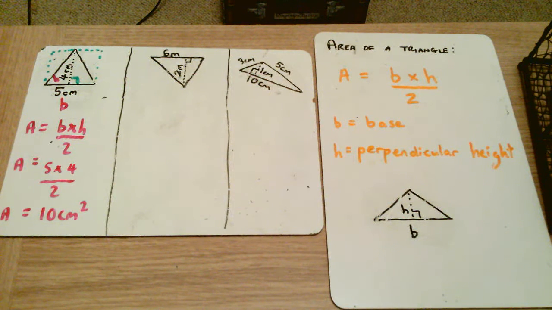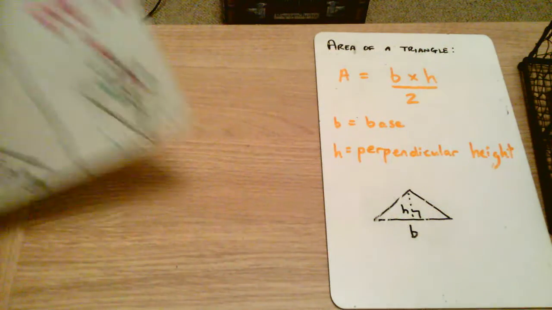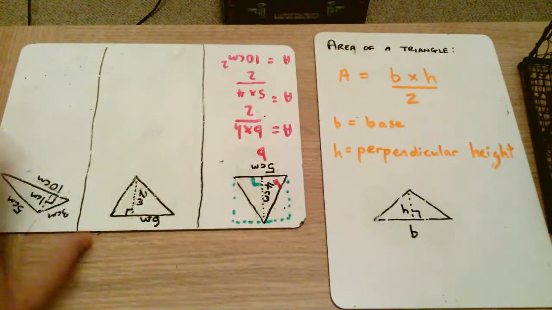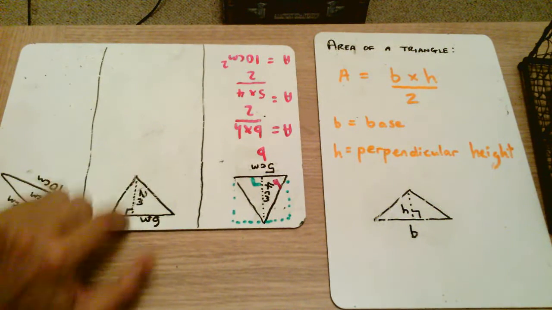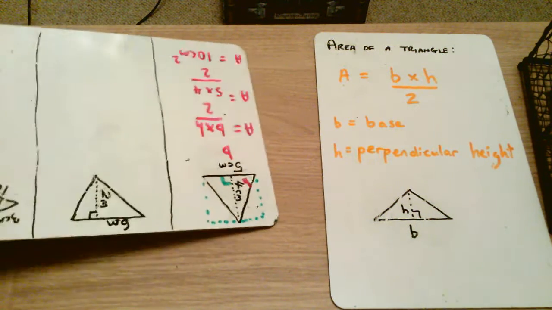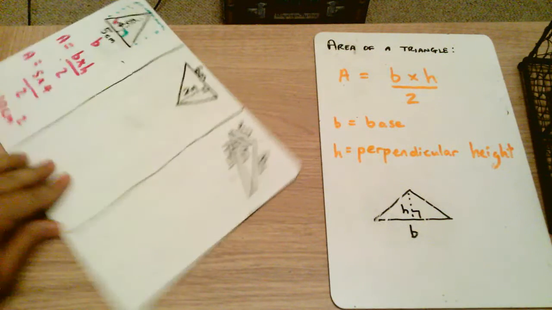Now, the middle example is slightly different only because the base isn't on the bottom. We can see here the base is actually on the top. To make this clear, I could turn it round and we can see that's our base, that's our perpendicular height. So it doesn't really matter that it's that way around.